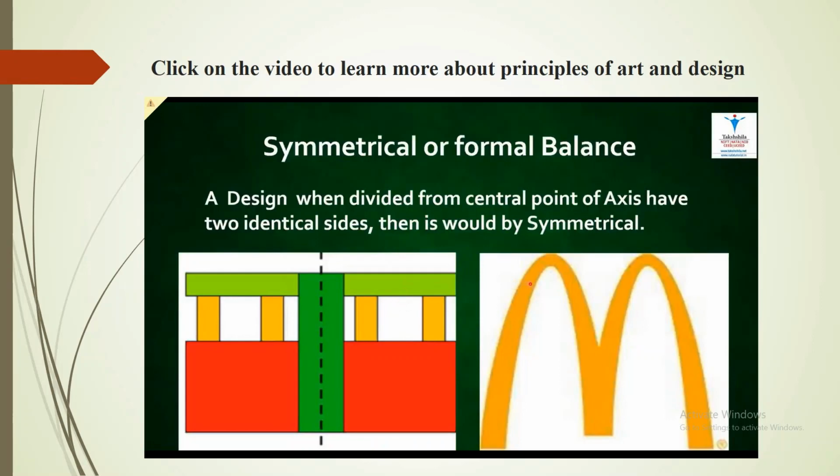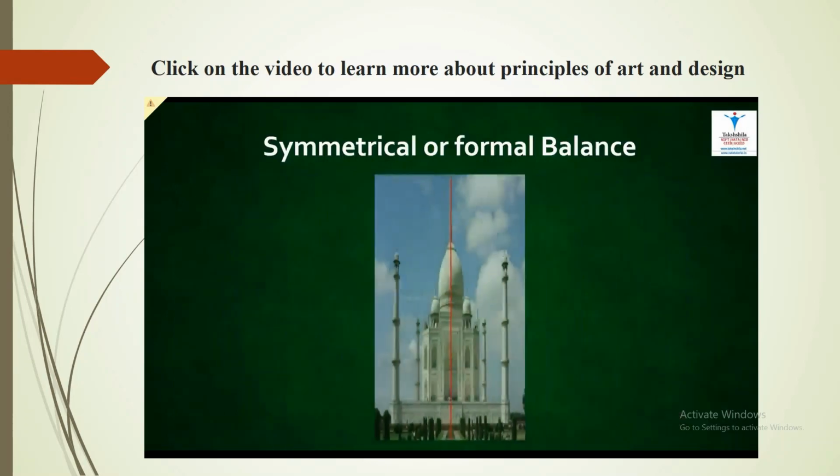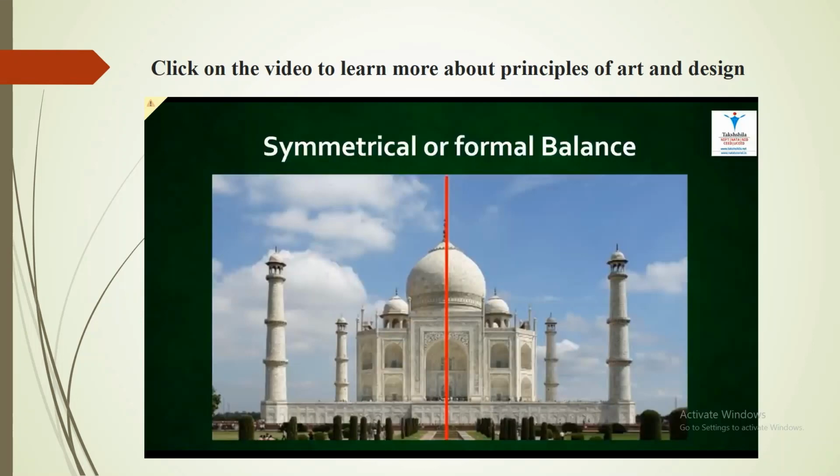This is the famous logo of McDonald's, which is made on the concept of symmetrical balance. Many famous architectural monuments are made on the concept of symmetry. Our own Taj Mahal is also made on the same concept.